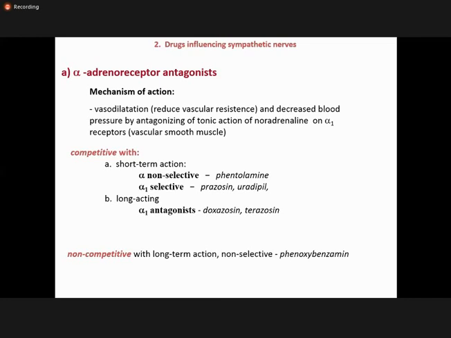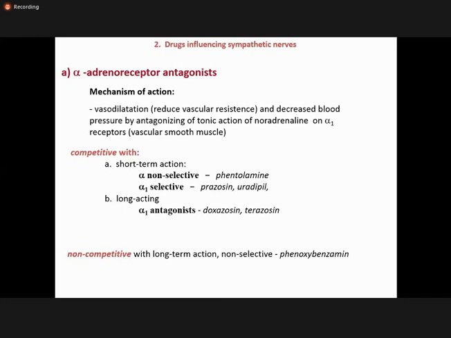I already told you that on the vessels we predominantly have alpha 1 receptors. When there is stimulation of the alpha 1 receptor, it will promote vasoconstriction, and due to vasoconstriction, peripheral resistance increases. Due to this increased peripheral resistance, venous return will increase, and ultimately cardiac output increases.